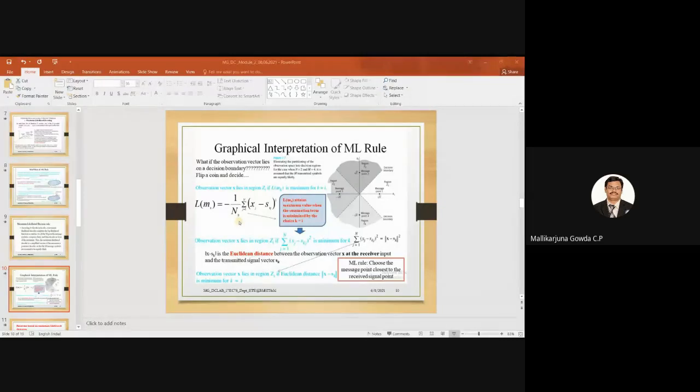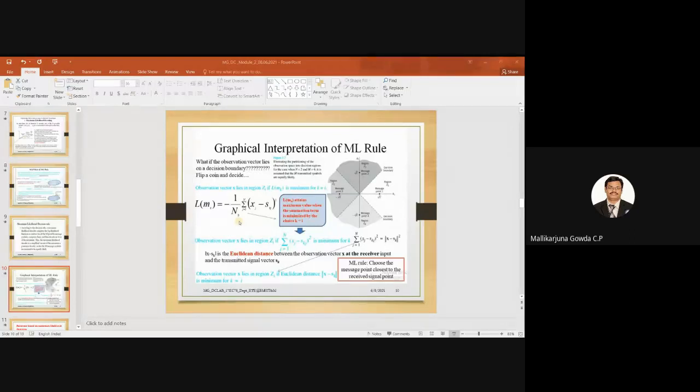Then how do I map that, and how do I estimate that? This is what the received symbol is. So what if the observation vector lies on the decision boundary? That is the question, right? I hope we are able to correlate with the previous diagram I have shown, the message point, then the received signal point with noise, and how the received signal point is different from the original message point.